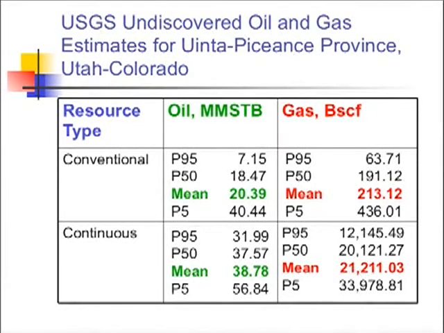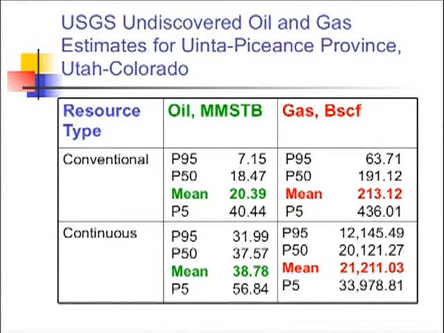All right, for conventional oil, the study team concluded that the mean value is about 20 million barrels of undiscovered oil in these basins. That's not a large amount. That's not a big target of a great deal of interest to large operators.